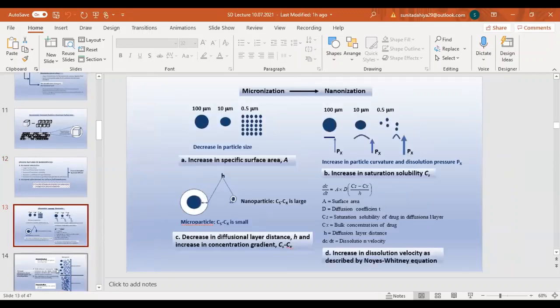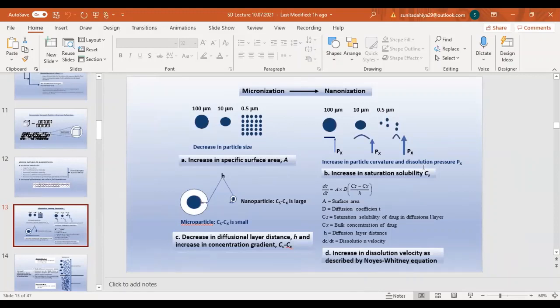Now see in this slide, as we go from micronization to nanonization, we have taken an approximate particle size of 100 micrometers. If you reduce it to 10 and then 0.5 micron, that is 500 nanometers, the size of the particle is decreased, so the specific surface area A will increase. This is the first advantage of nanonization.